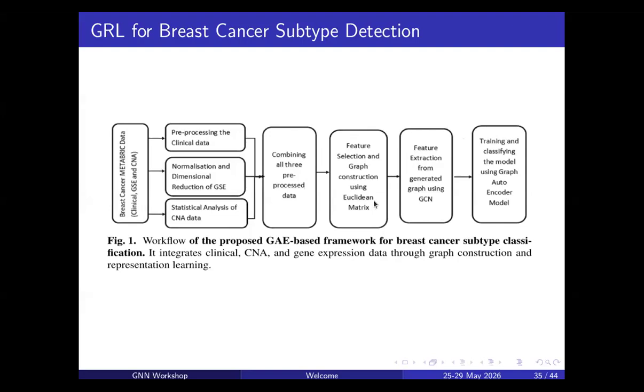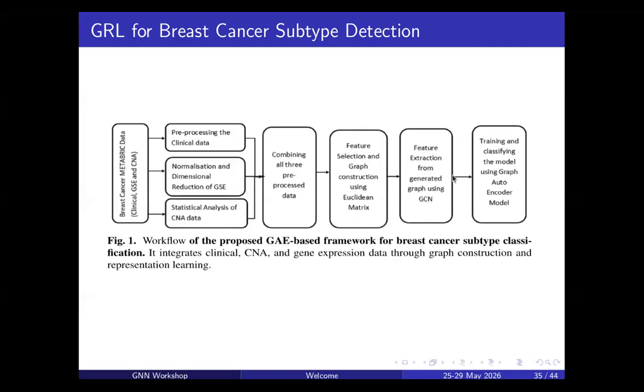Then, based on this graph, for each node, each patient, the embeddings will be extracted using a graph convolutional network. So feature extraction is done using a graph convolutional network. And based on these features, we use a graph autoencoder.